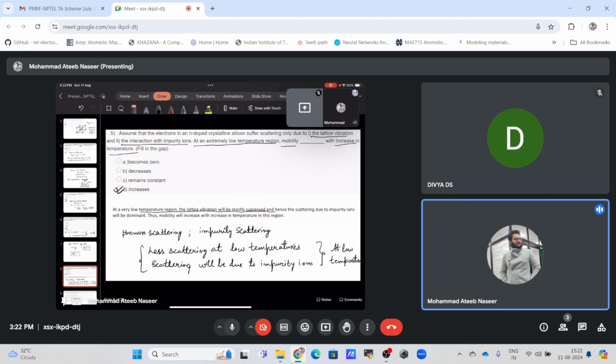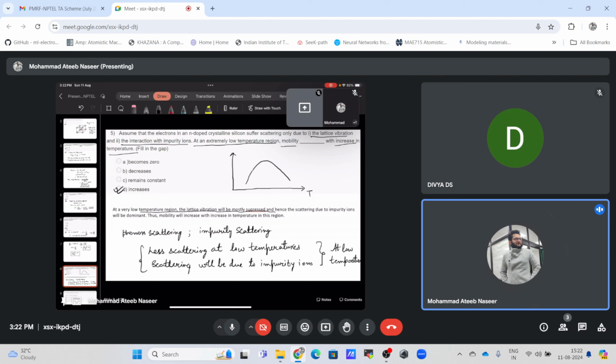So if I draw this mobility versus temperature curve in the log scale, it will look like this.